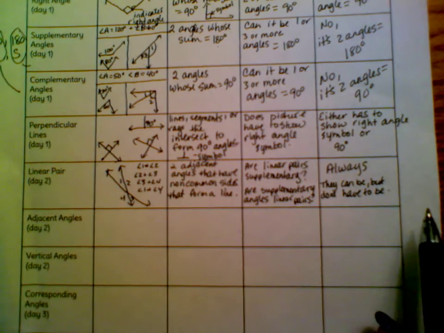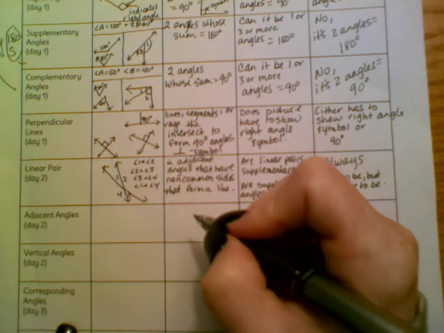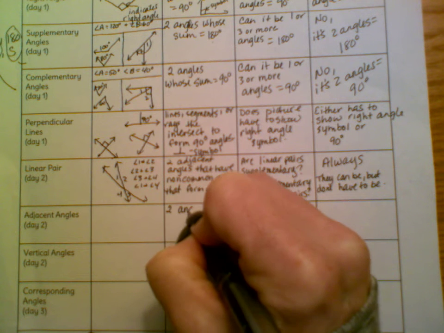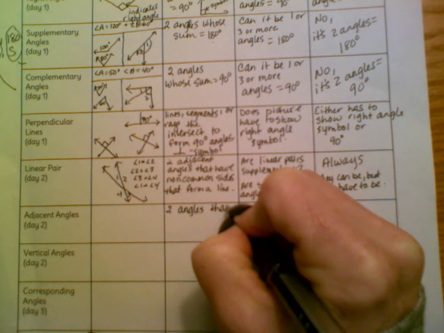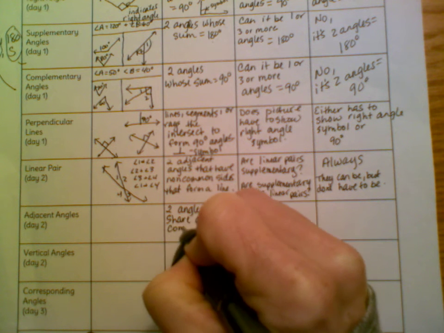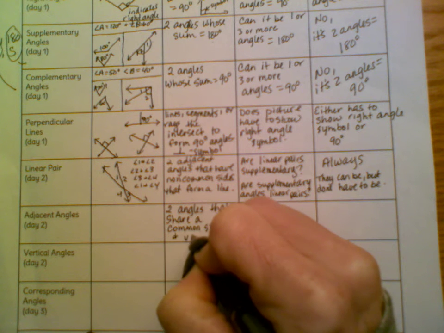Okay, let's take the word adjacent. This one's always one that kids struggle with getting the definition. It's two angles that share a common side and vertex.